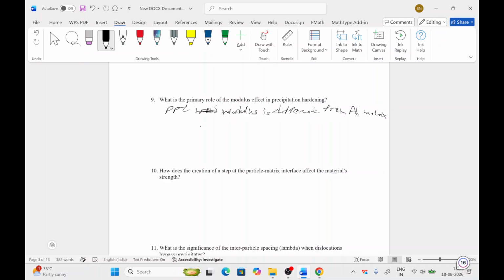Because of this different modulus, the local modulus changes, and the diffusion of precipitates or solute atoms around the dislocation becomes difficult. The energy of the dislocation also changes because of this modulus change, and that further increases the strength of the aluminum alloy.